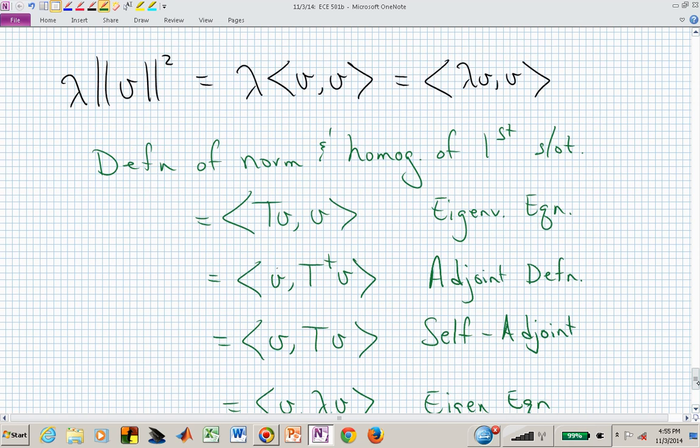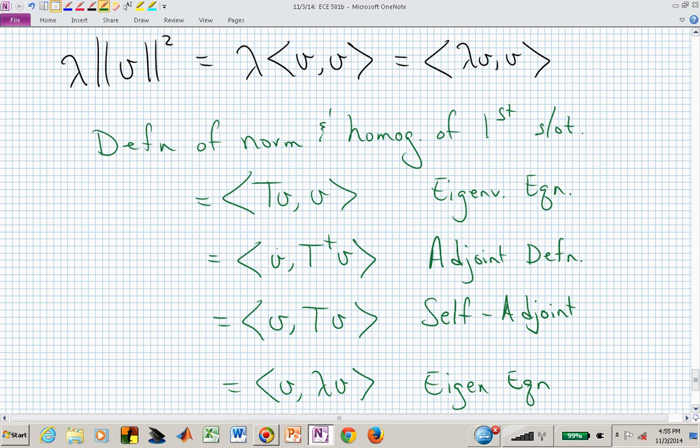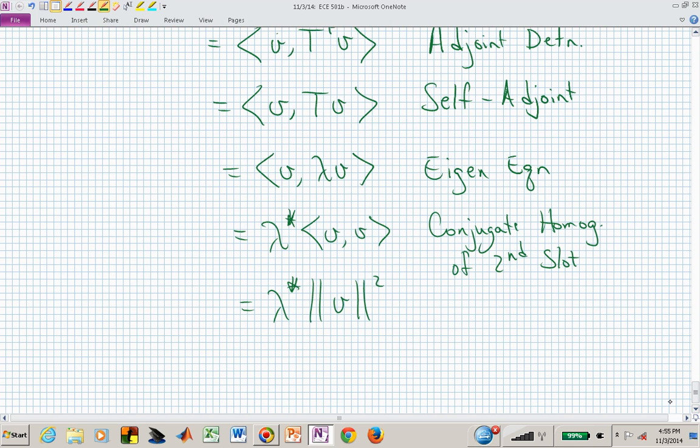I can't fit it on one screen, but what do I have? I have the far left expression, lambda times some number, the norm of something squared, that's just a number, equal to lambda conjugated times the same number. The same number we're assuming is non-zero, so we can divide that out, and now we have lambda is equal to its conjugate.